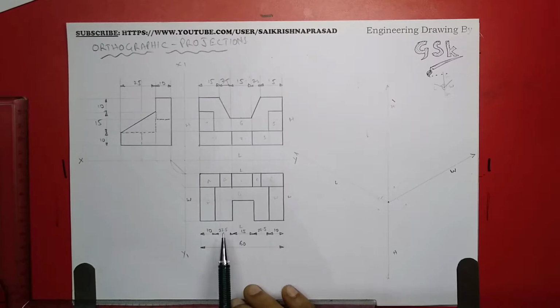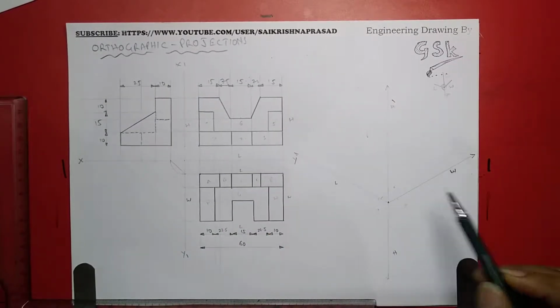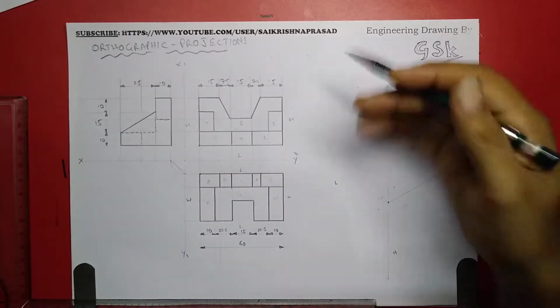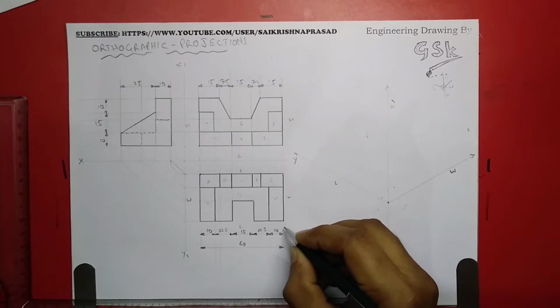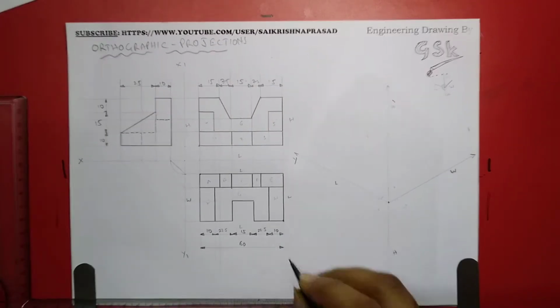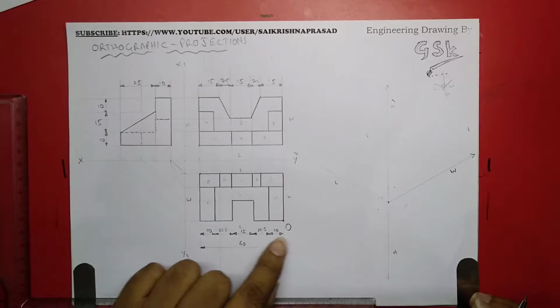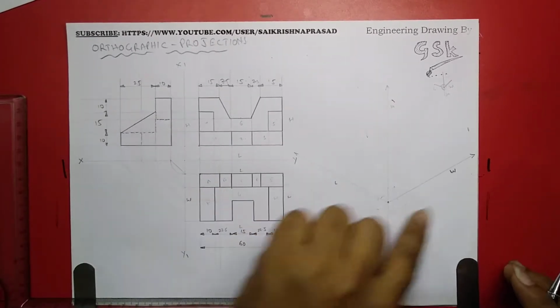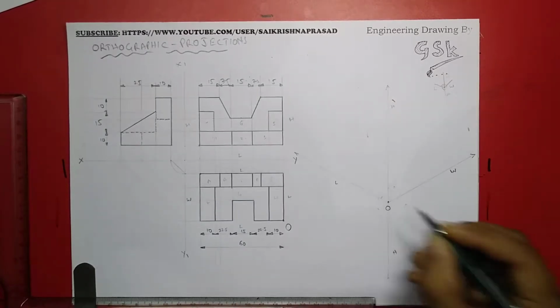Because I have kept a length for this here, and width over here, and height for this line. So for easy identification, I'll make one of the corners the origin point. So I'll be making the origin point over here.